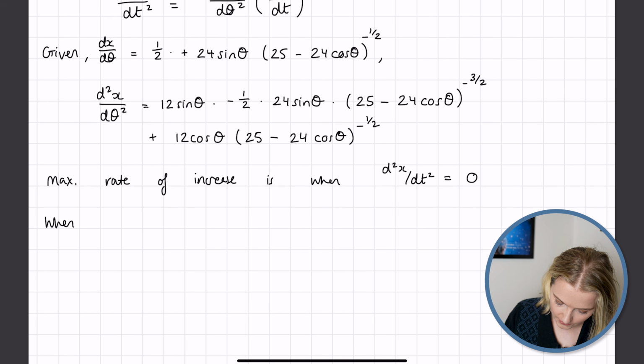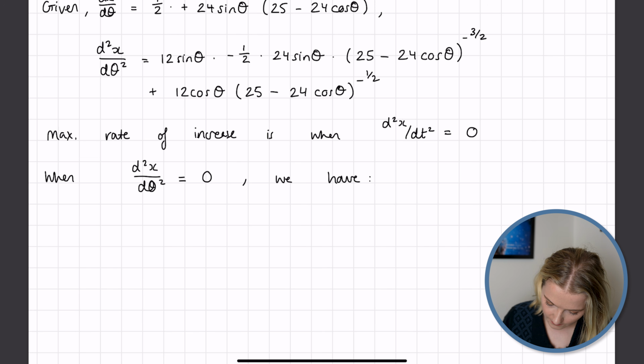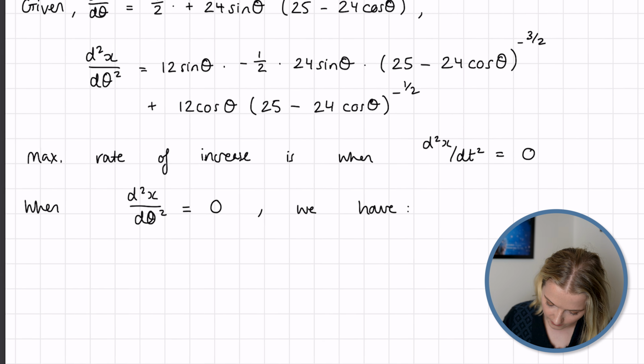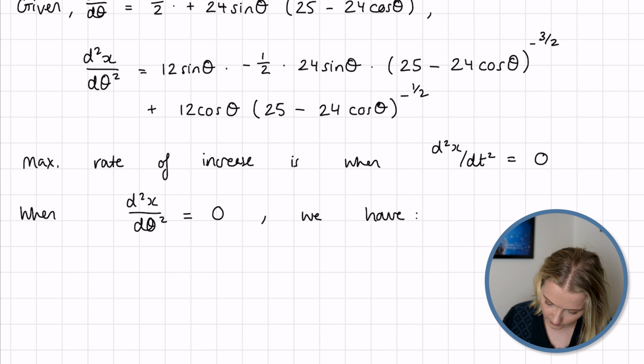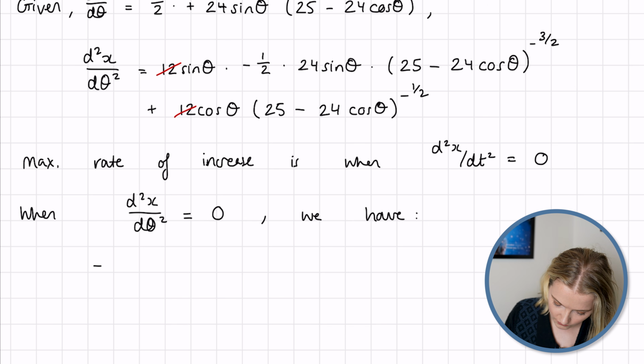So let's do that. When d squared x d theta squared is equal to 0, we end up with, let's have a look, the 12s would cancel. So this 12 would cancel with this 12. Okay, so we'd then end up with, on one side, minus a half times 24. So that would be minus 12 sine squared theta.